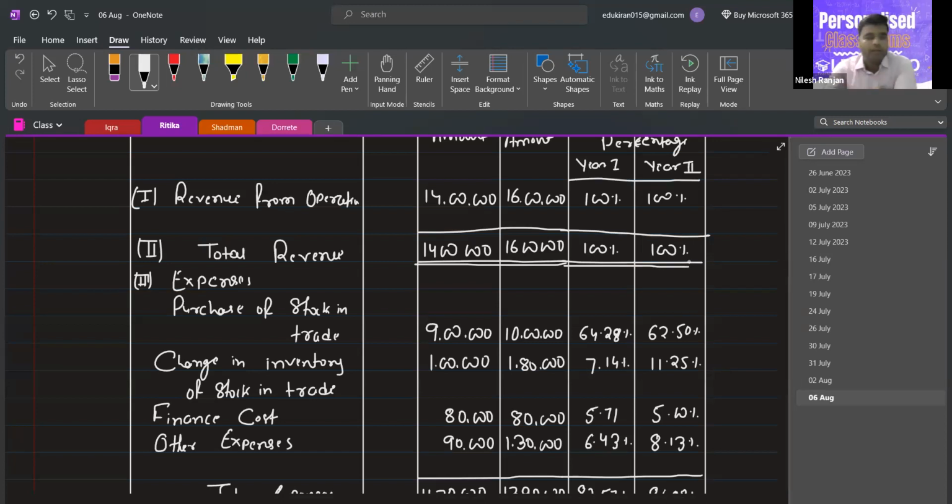Now, in this answer, you can see that our purchase of stock in trade and change in inventory, if we combine these two, we calculate the cost of material consumed or cost of goods sold.